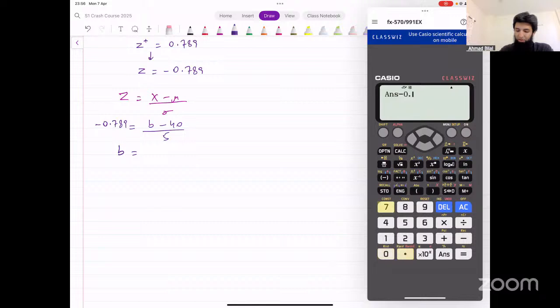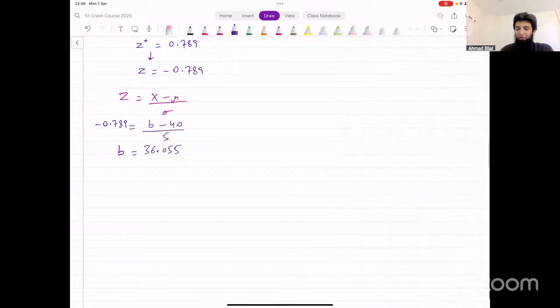Minus 0.789 times 5, plus 40. That's 36.055. That's the value for b that we were looking for. Or you can round this off to 36.1.